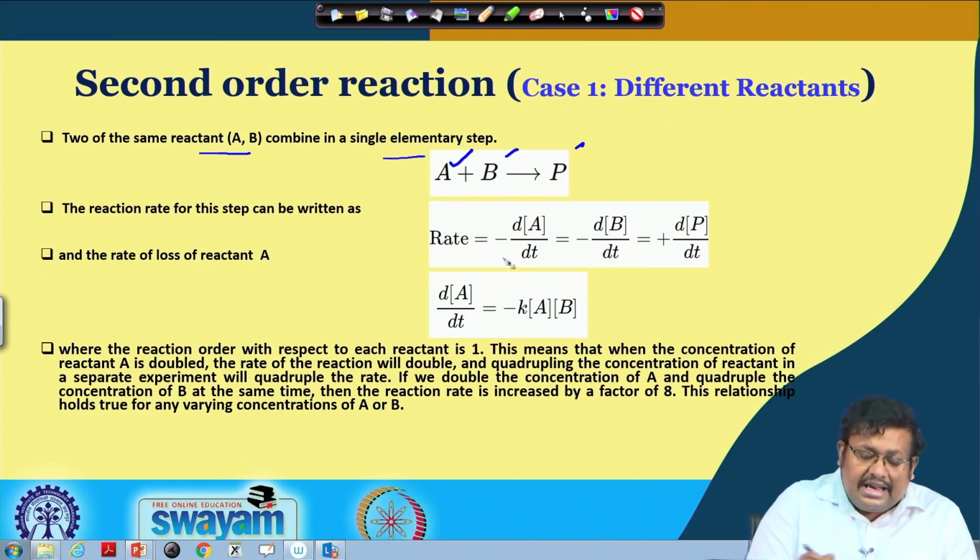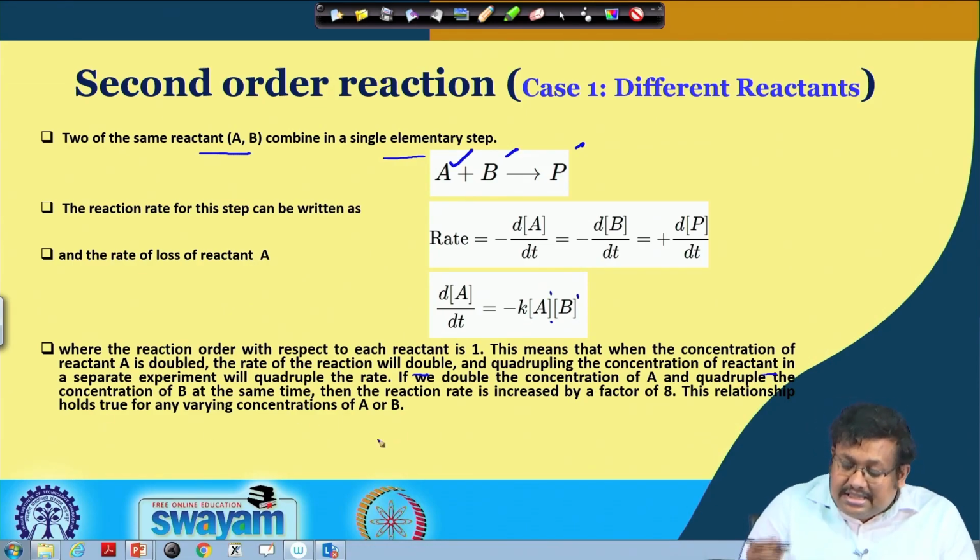In other words, we can represent the rate of loss of reactant A as K multiplied by the product of the concentrations of these two reactants, where the reaction order with respect to each reactant is 1. This means that when the concentration of reactant A is doubled, the rate of the reaction will double, and quadrupling the concentration of the reactant in a separate experiment will quadruple the rate.